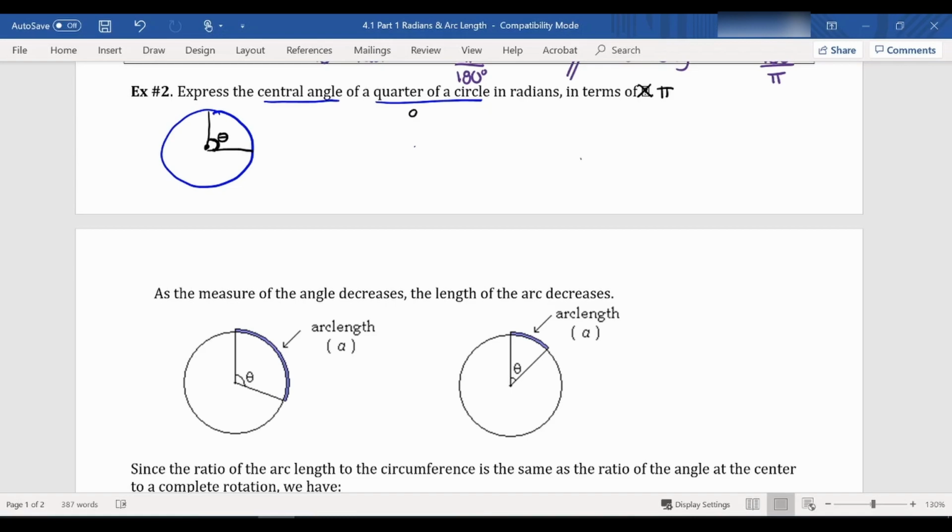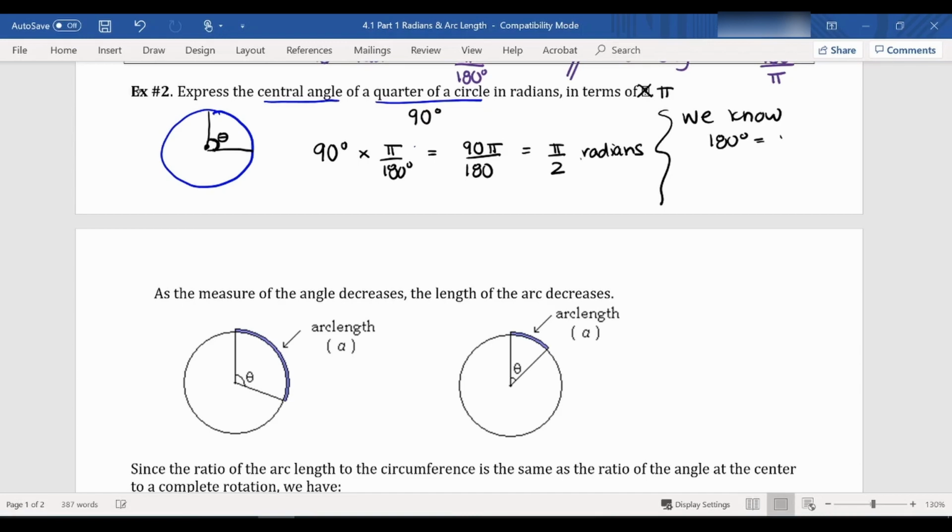So first, a quarter of a circle we know is 90 degrees. And we want to know what is that in terms of pi. So we can do a conversion here if we want. We could do 90 degrees times pi over 180, which would give us 90 pi over 180. And if I simplify that, this gives me pi over 2 radians. But I also know that 180 degrees is equal to pi radians, and a central angle of a quarter circle is 90 degrees.